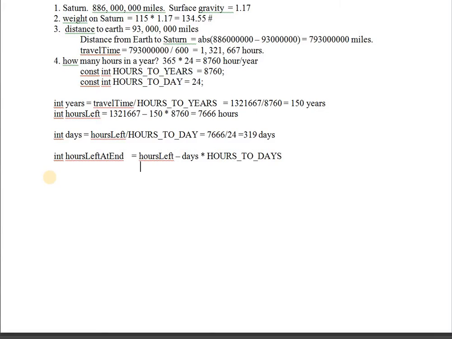And that's going to be the hours that are left were 7,666 minus 319 times 24. And that's going to give us 10 hours. So the answer is travel time is 150 years, 319 days, and 10 hours.